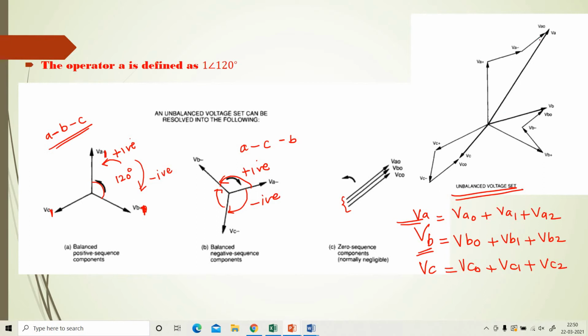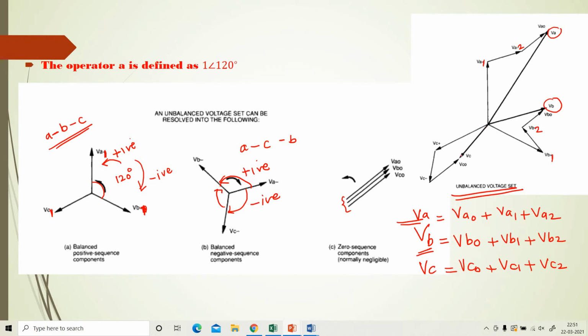So first of all, how to draw VA? Here this is VA1, then this is VA2, both are added and that is added with VA0, we get VA. And next see VB. So VB1 is combined with VB2 and then VB0, the same direction. These three are combined together to form VB.